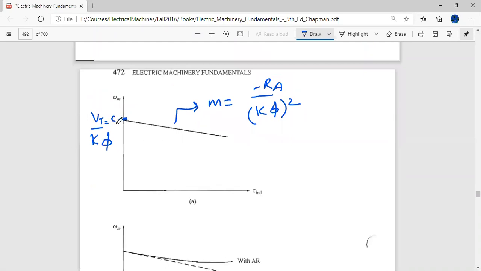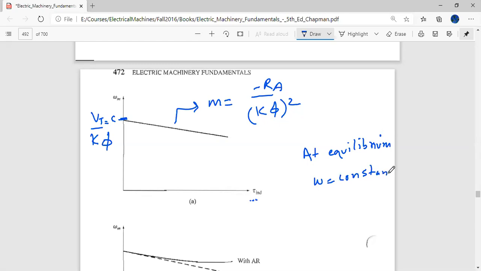So as the torque induced of the machine increases, there is a slight fall in the speed of the motor. Okay, so what does this mean? Why would the torque in a machine increase? Always remember this thing, that when a machine is running at an equilibrium point, the omega will be constant.